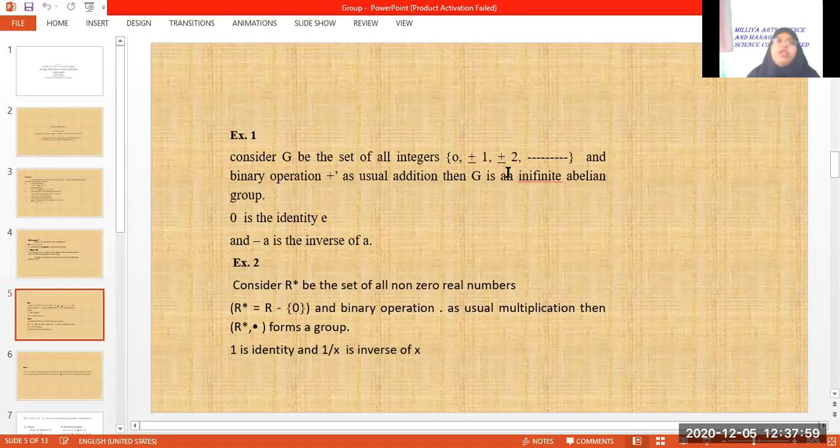Since addition of two integers is again an integer, closure property is satisfied. And in integers, associative property is obviously satisfied, that is (A plus B) plus C is equal to A plus (B plus C).